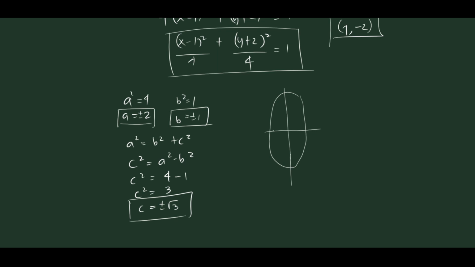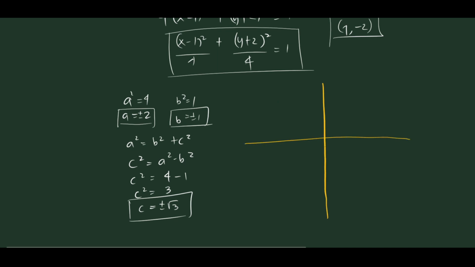Let's just plot it first to avoid confusion. So our center is at 1, -2 here. We know that our ellipse is elongated vertically, so our major axis is along x is equal to 1. So this is x is equal to 1, and this is our center.